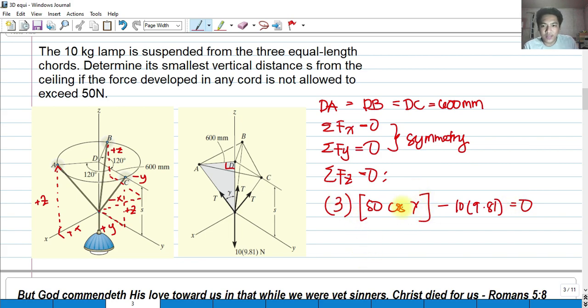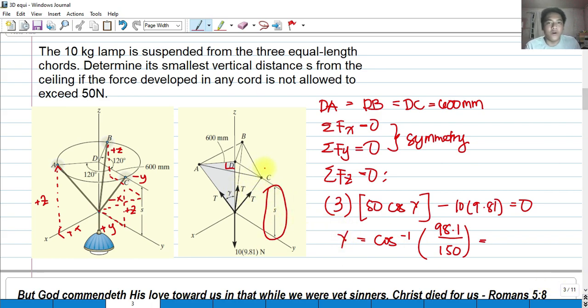So we need to get this angle gamma, which is the arc cosine of 98.1 over 150. We need gamma in order to get S, the smallest vertical distance from the ceiling to the lamp, the point of reference here.